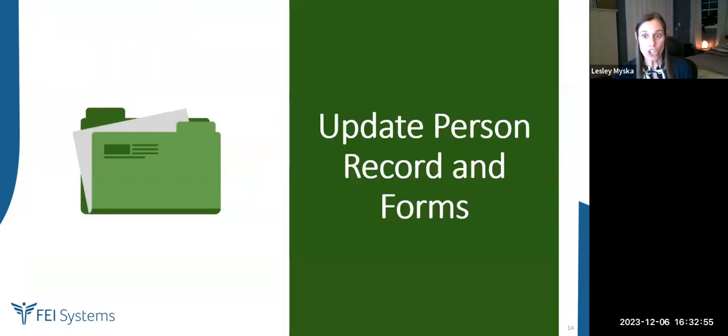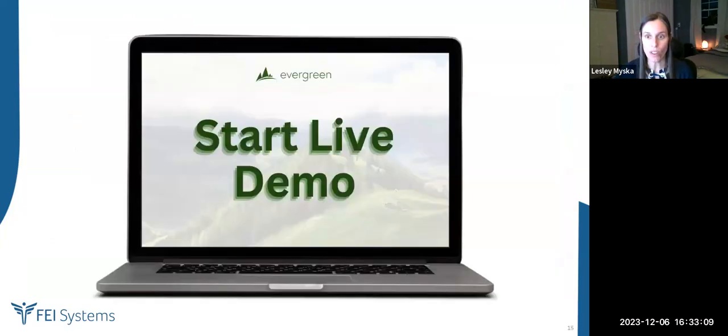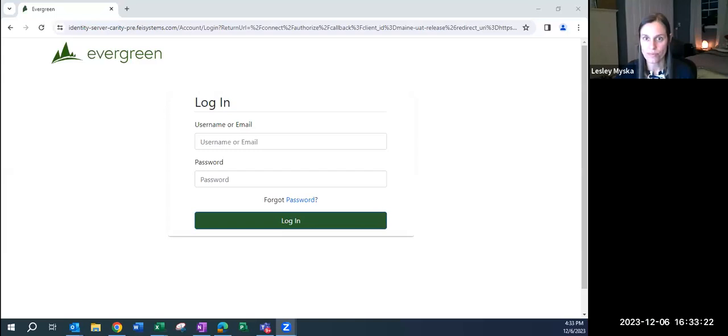The next step in the discharge process is to complete those actions that I just read. So again, it will be customized for your reason, and we'll go through the ones for this reason on this demo. So I'm going to steal the screen share from Nikki here, and I'm going to log in and show you a few of the first steps from the checklist. I'm going to try.